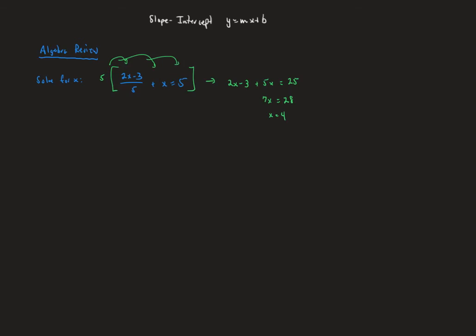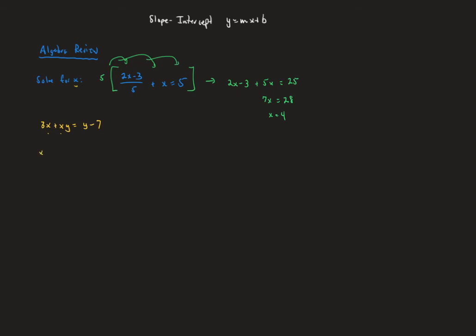Okay, here's a different one, challenging. Let's say we have 3x plus xy is equal to y minus 7. Now this is tricky because we're still trying to solve for x, but we've got an x in two different terms.